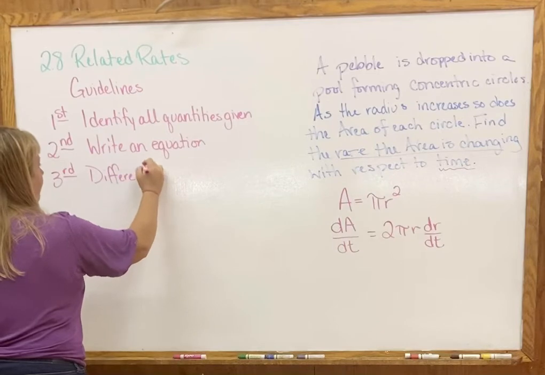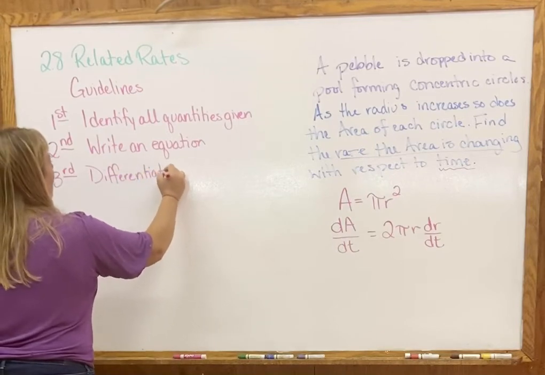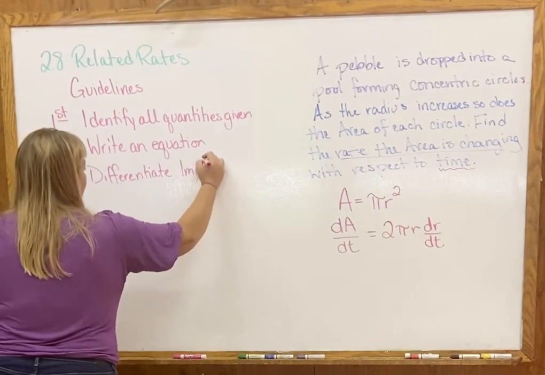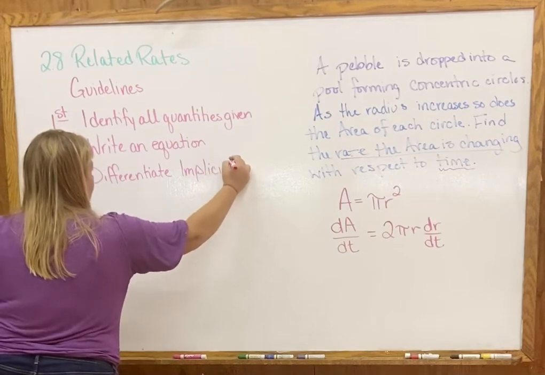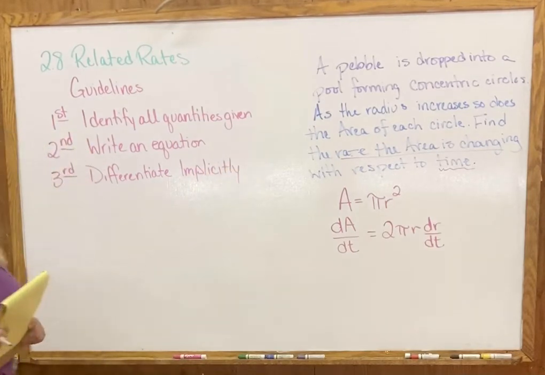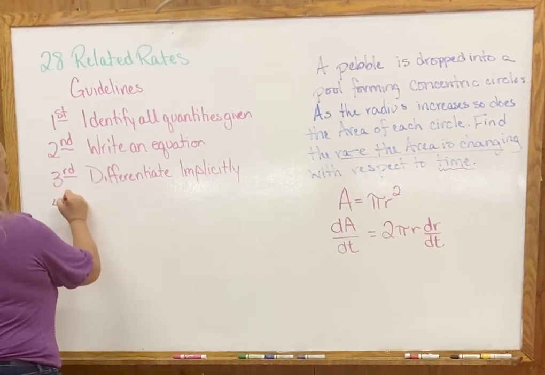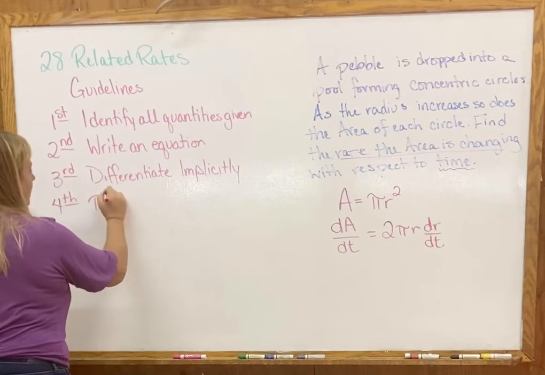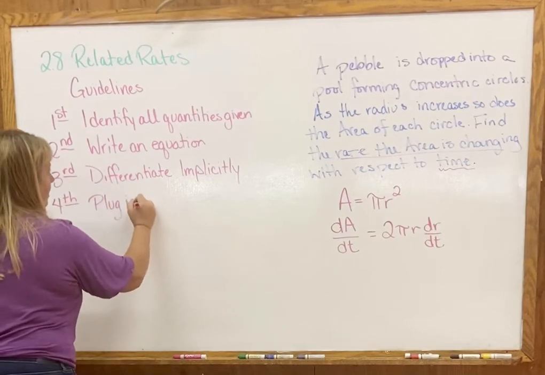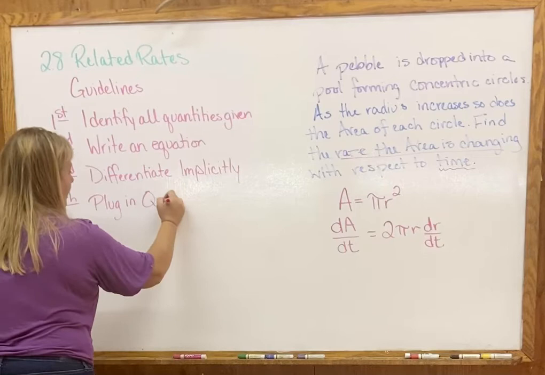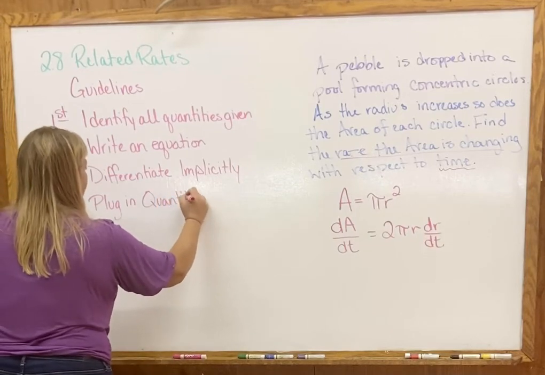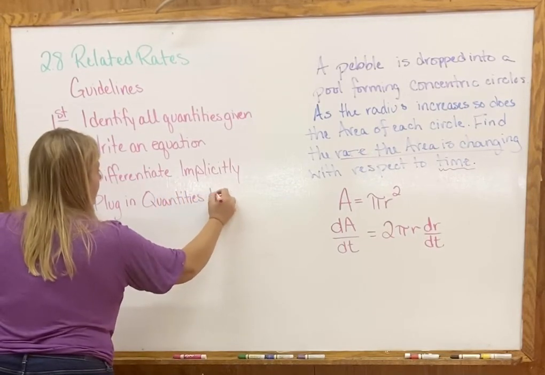So take the derivative implicitly. Okay, so take the derivative, but always, again, with respect to that third variable going on there. And then the fourth step is to plug in the quantities that we have noticed from above to solve.